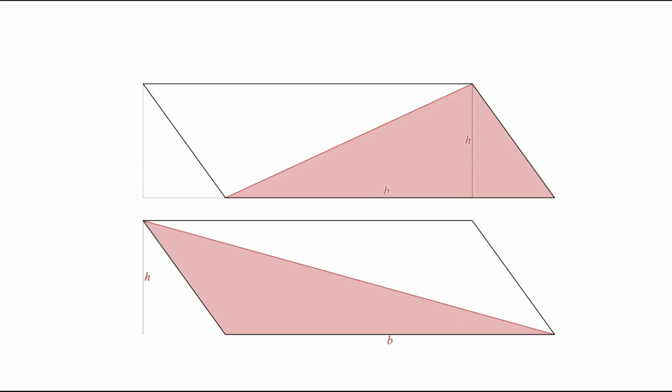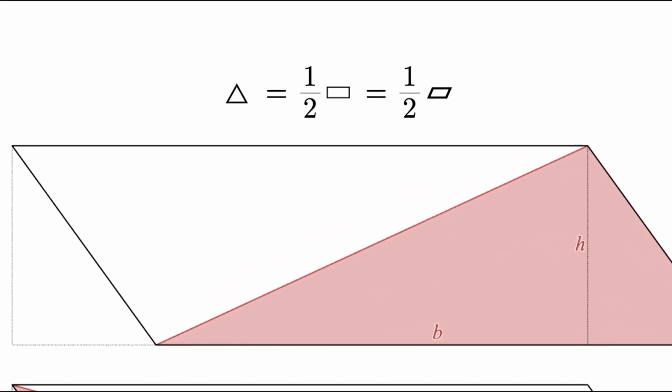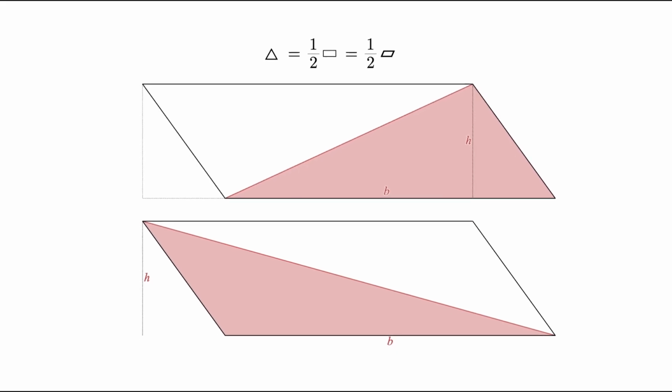And then we can conclude that the triangle area for half a parallelogram matches the triangle area for half a rectangle with the same base and height, so the formula does not change. This allows us to conclude that these 2 different looking triangles have equal area because they are both 1/2 the area of the same parallelogram.